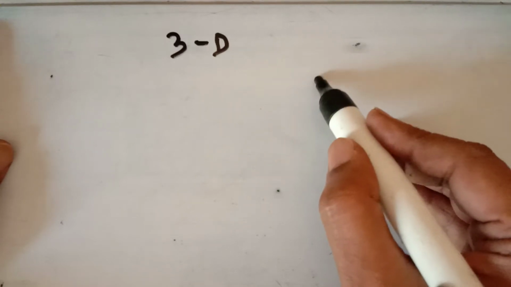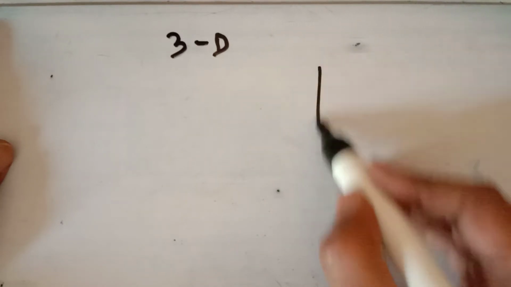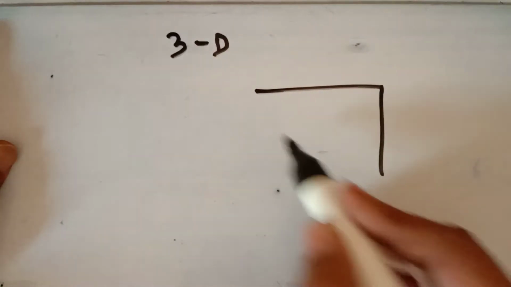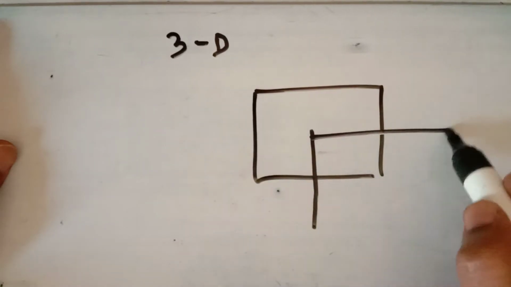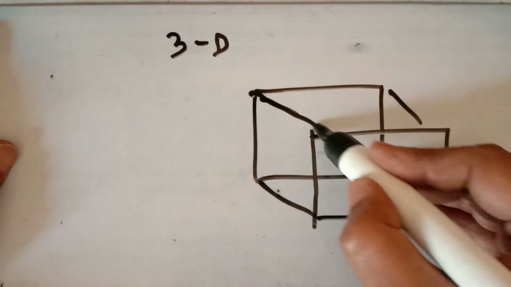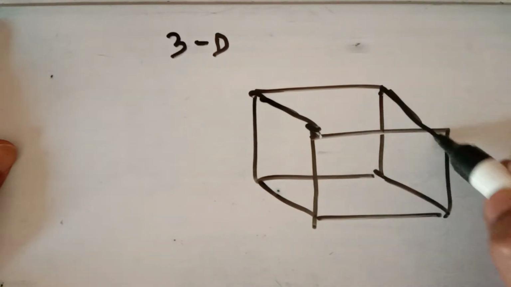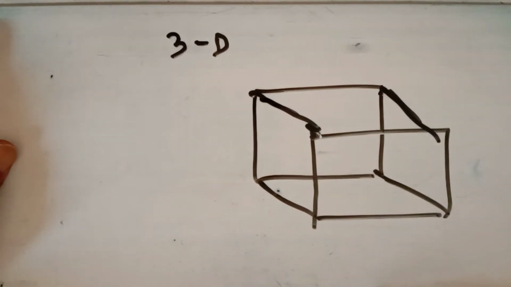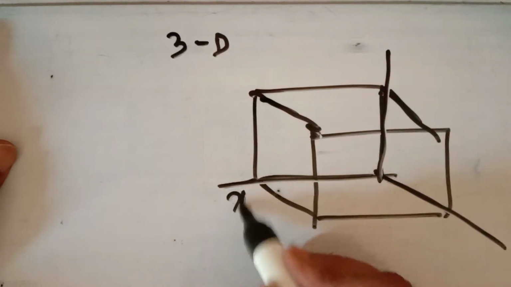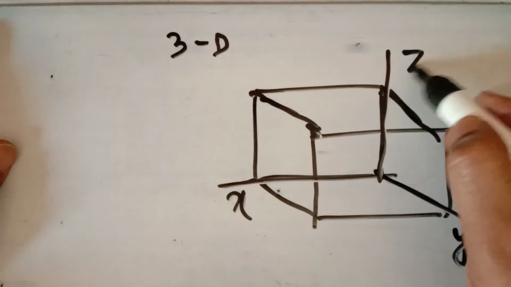Now in three-dimensional geometry, let us take a room. It is a 3-dimensional solid figure in which we have three axes which are mutually perpendicular to each other. I've taken these three axes as x-axis, y-axis and z-axis.